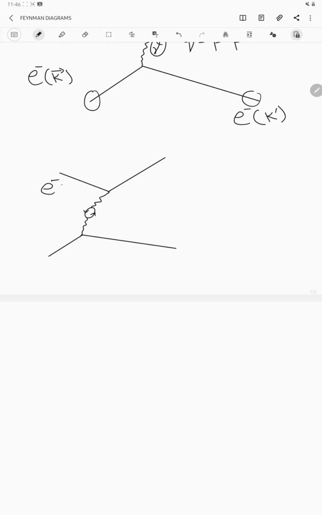So let me just write this down. We had an electron with momentum p coming in, scattered with an electron with momentum k, and the virtual particle turned into a pair of particle and antiparticle, and then they annihilated each other and turned into a photon. And then what happened was you get an electron with some momentum p prime, an electron with some momentum k prime, right?